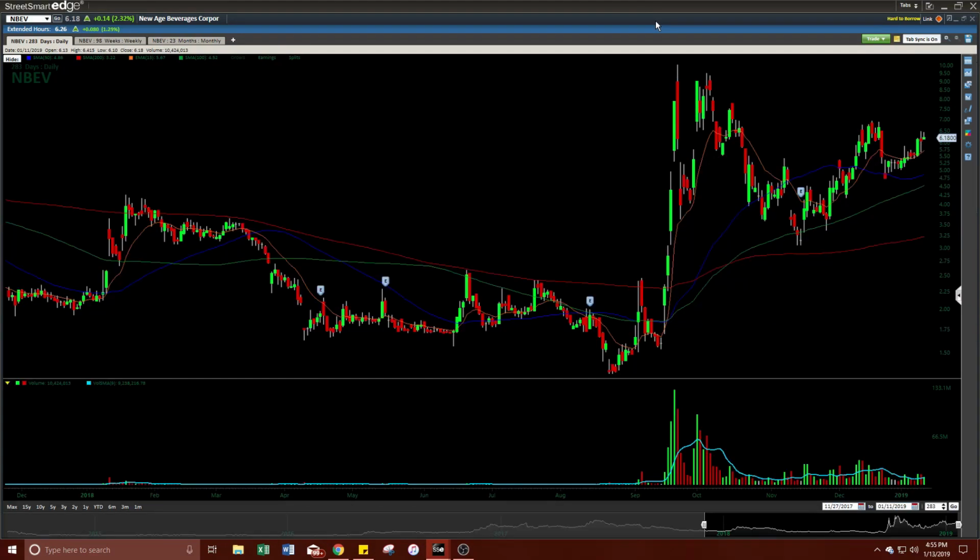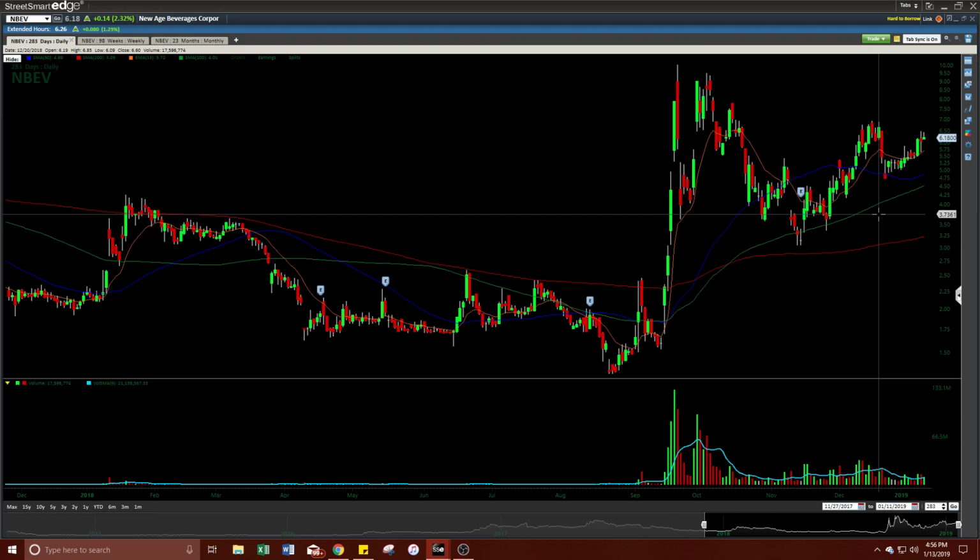But going back, like I said, to NBEV, it's above all of its moving averages right now, which is a sign of bullishness. And the moving averages are slightly pointing up. If the stock was below these moving averages, that would be bearish territory.